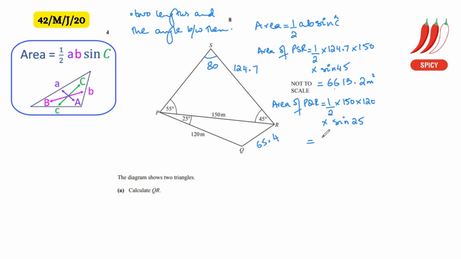That will give us 3,803.6 meters square. So now total area is going to be the sum of these two, 6,613.2 plus 3,803.6, and that is going to give us 10,416.8 meters square.